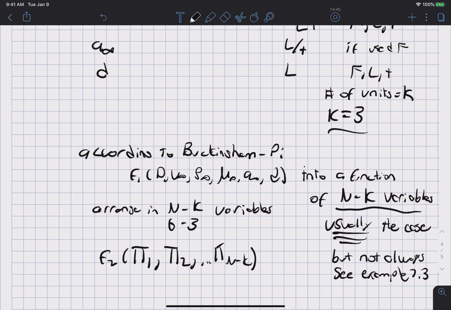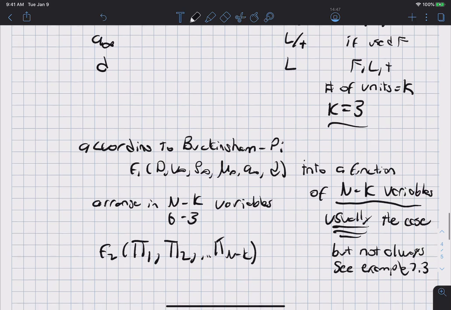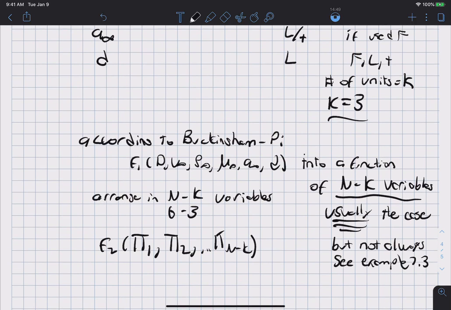And so our new function, we have taken a function of 6 variables and turned it into a function of 3 variables. Now it remains to be determined what this function f2, and what pi 1, pi 2, and pi 3 are.